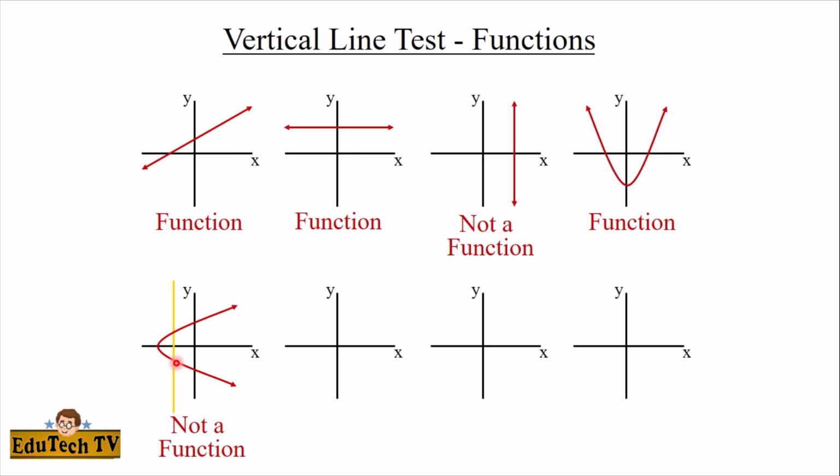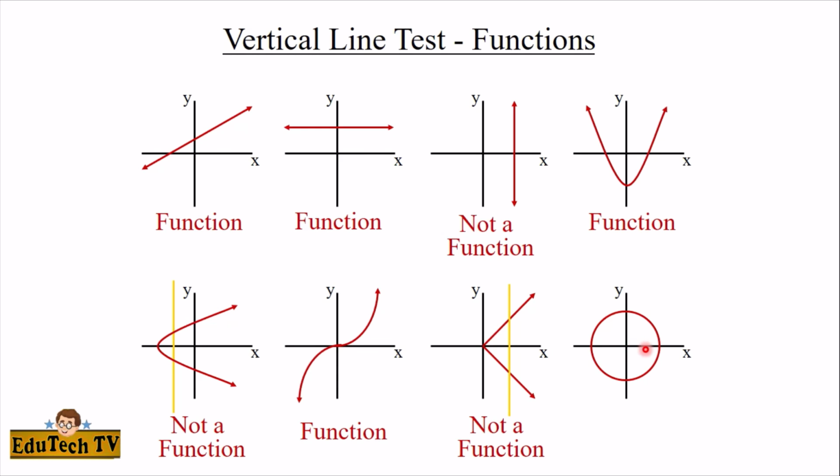So this one is not a function. How about this one? Of course, alam natin yan, that's a function. Ito. Again, pag dito yung pencil, dalawang points, so it's not a function. Lastly, circle. Definitely, this one is not a function.